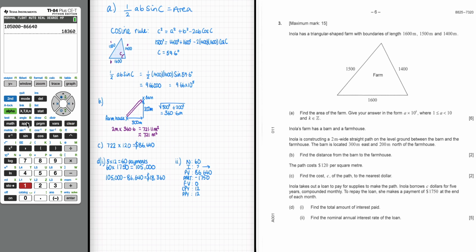What happened there? Did I not put the negative in? I did not put the negative in. The payment, I missed it out completely, is negative 1,750. There we go. So I'm trying to find the interest rate, and I can see there that the interest rate is 7.84%. So I've been charged 7.84% interest on my loan.